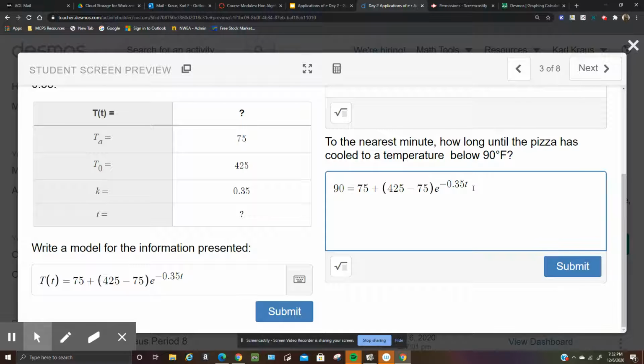If I subtract 75, it would be 15. Subtract 75 from both sides, and then do what's inside the parentheses here: 350.